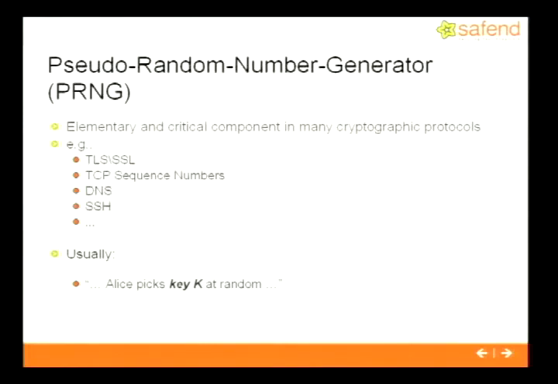Usually we are familiar with the term "Alice picks a key K at random." That's from the basic cryptography course. And of course, if this key isn't so random, then the entire security system can easily be broken.